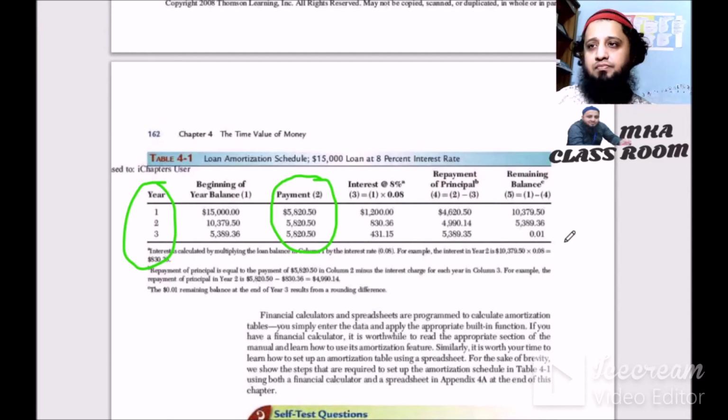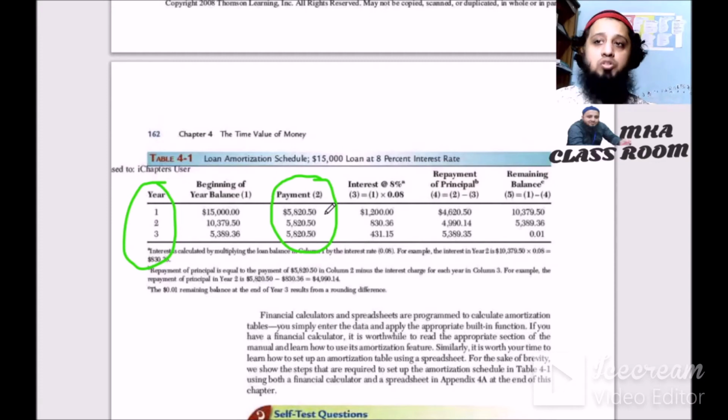So in year 1, our balance is 15,000, and at the end of year 1 we have paid 5,820.50.